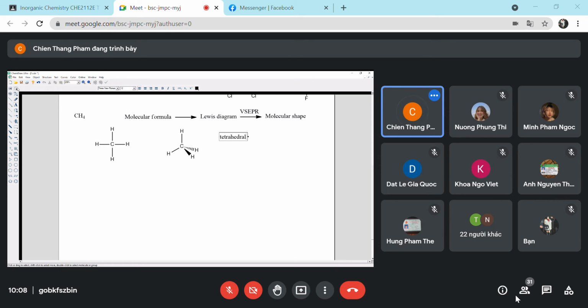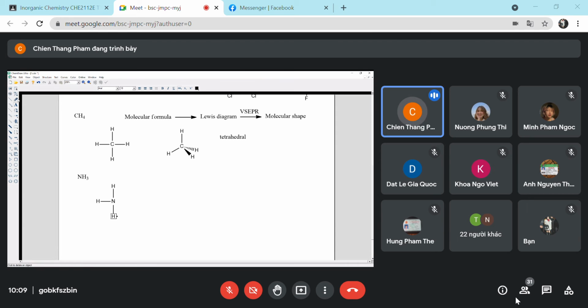Okay. Now let's consider the second example. It's about NH3. For the NH3 molecule, first we draw the Lewis structure of this one, the nitrogen bonded with 3 hydrogen. So this one is a Lewis structure of NH3.